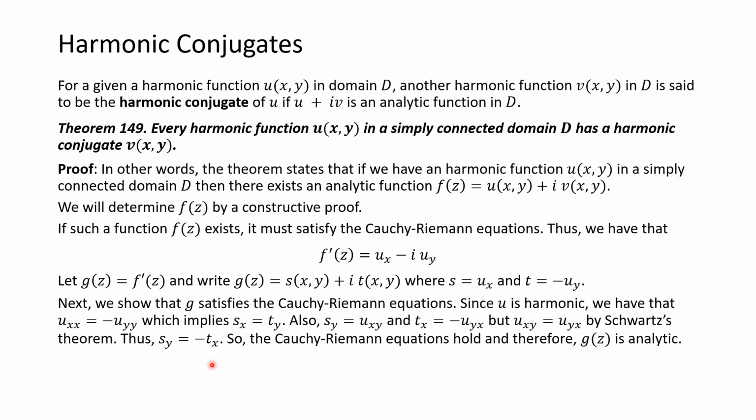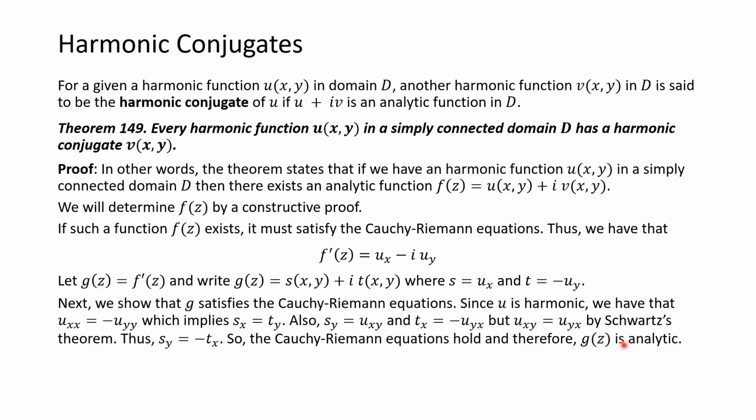And so we have the partial of s with respect to x equals the partial of t with respect to y, and the partial of s with respect to y equals minus the partial of t with respect to x. But these two things together are the Cauchy-Riemann equations for g. So g of z is analytic.